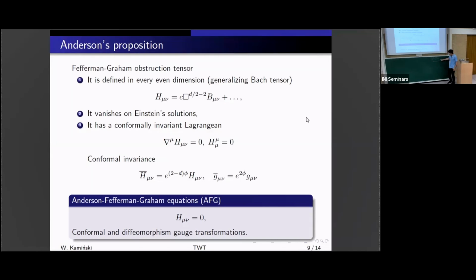And then many derivatives of this metric inside the bulk, inside our physical manifold, are determined. And only the next non-trivial piece of the initial data appears at the d minus first derivative in the direction of rho.